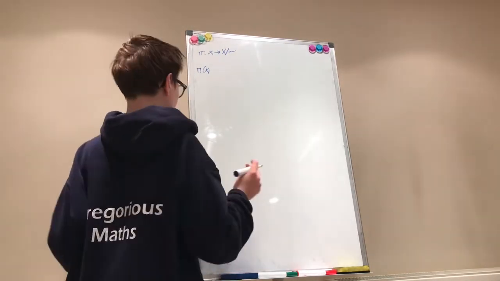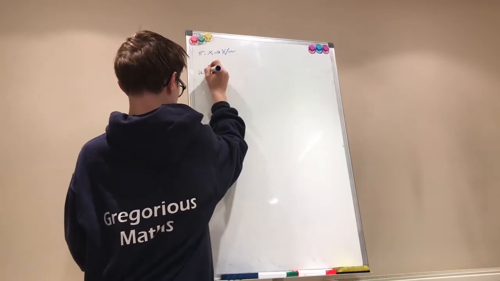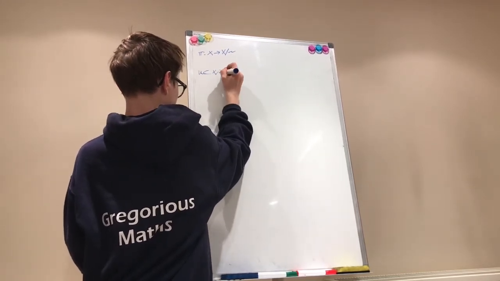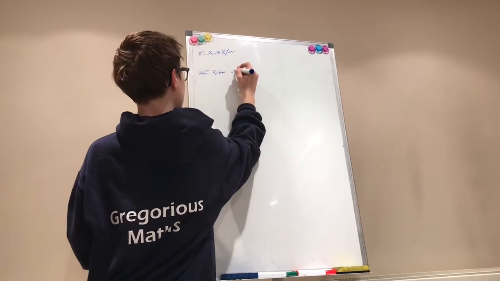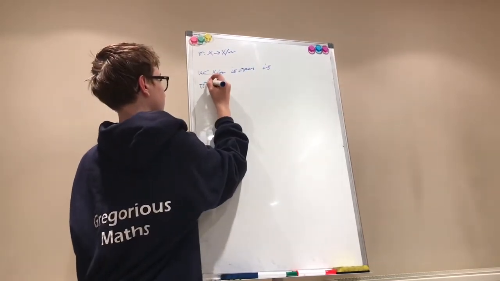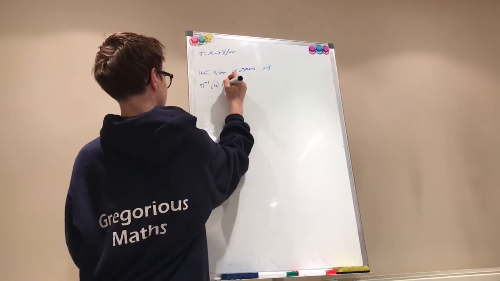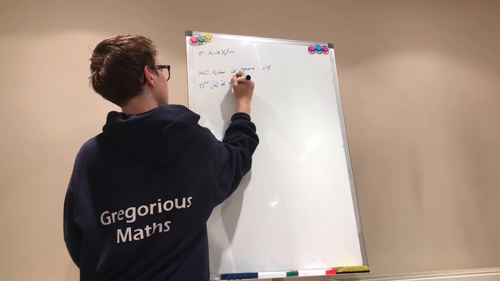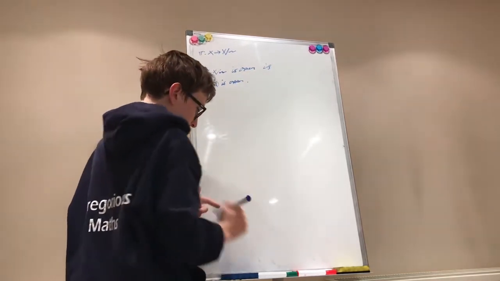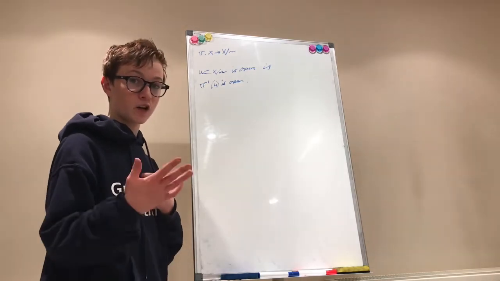And open sets are defined in the same way. So U, a subset of x mod tilde, is open if the pre-image of U is open. Okay, so now I'm going to prove something called the gluing lemma.